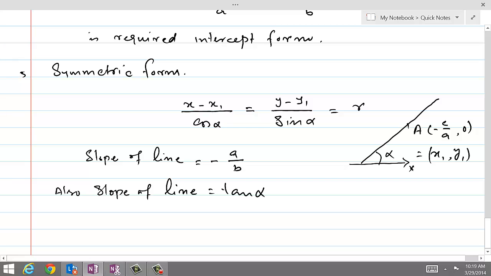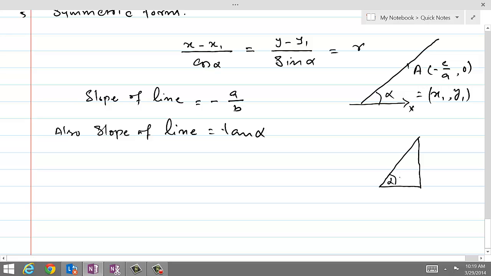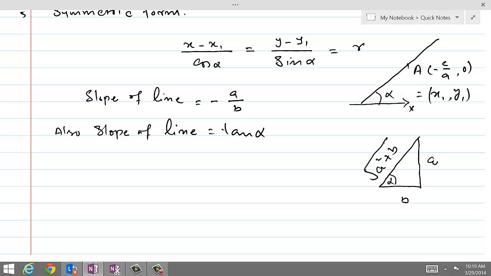This is an established fact, and from this, if we make a triangle, which is of course going to be a right triangle, with this angle taken as alpha, this side a and this side b, then by Pythagoras theorem the hypotenuse would be the square root of a square plus b square, the sum of squares of perpendicular and base.